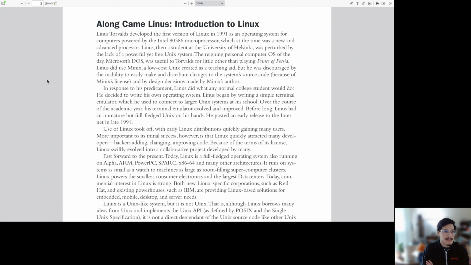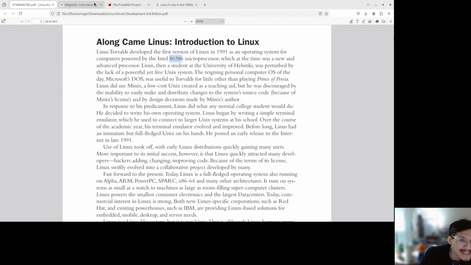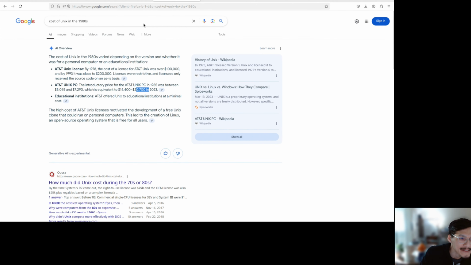Linus Torvalds developed the first version of Linux in 1991 as an operating system for computers powered by the Intel 80386 microprocessor. So the 386, for 1991, was kind of a weak chip by then. The 386 came out in 1985.